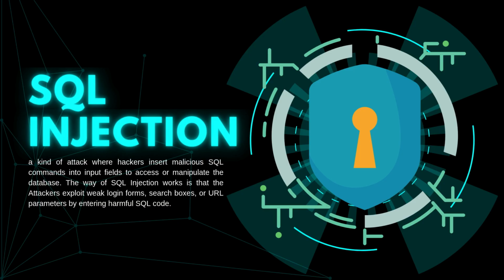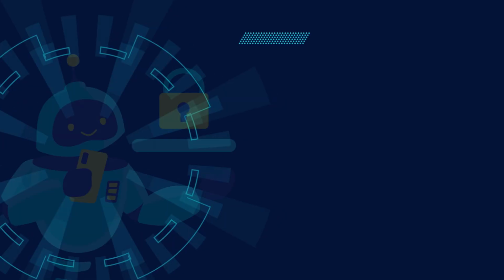Attackers exploit weak login forms, search boxes, or URL parameters by entering harmful SQL code. Some possible effects are access to sensitive information, deleting or modifying records, and bypassing login authentication.